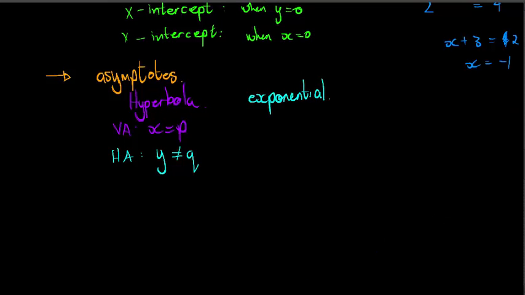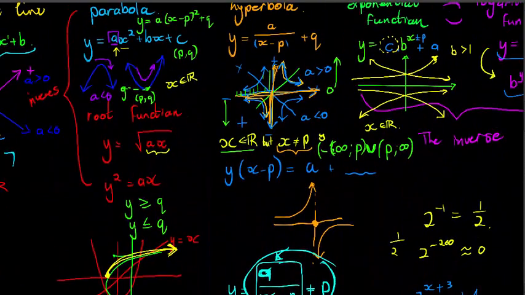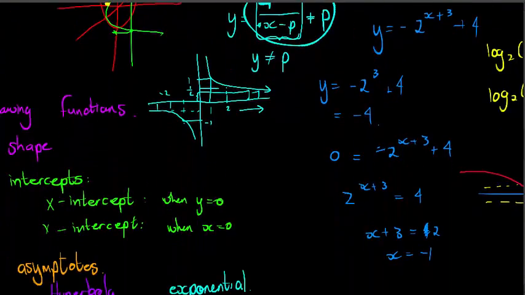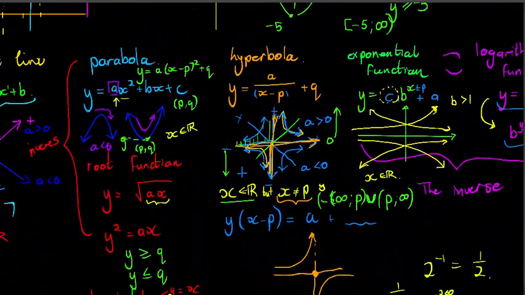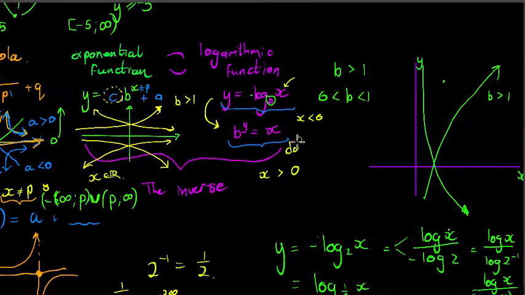Now, in the exponential function, we already saw that x can be any value. I can put anything in the exponent. It's only when it's in the denominator that I've got a problem. But for the y value, we have a problem now, because we saw earlier with the logarithmic function that in this expression, it's impossible for this thing ever to be 0.